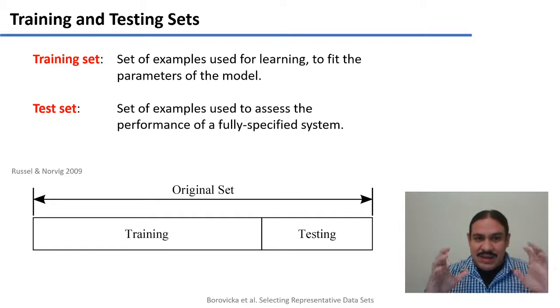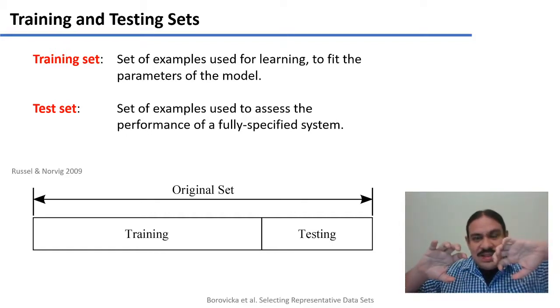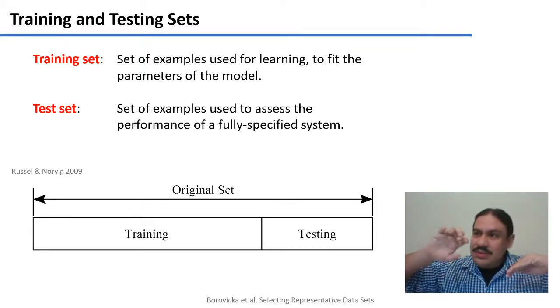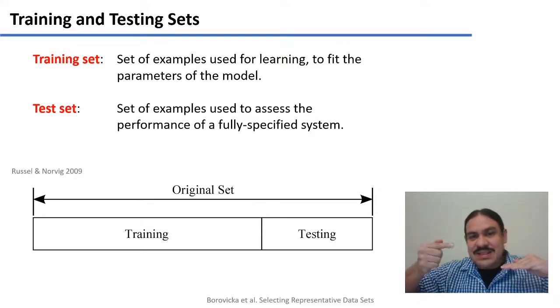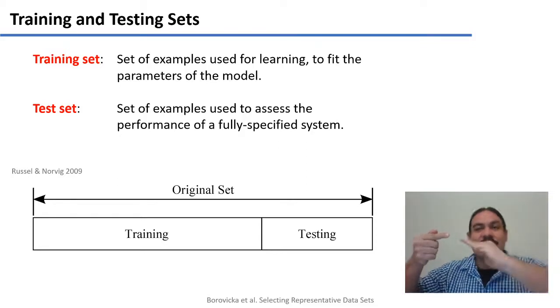So in this way, we split the data in two parts. A training set that we use to derive the probabilities of the n-grams, and a testing set. And we calculate the probability of each of the sentences in the testing set to see whether they are well predicted by our n-grams from the training set.